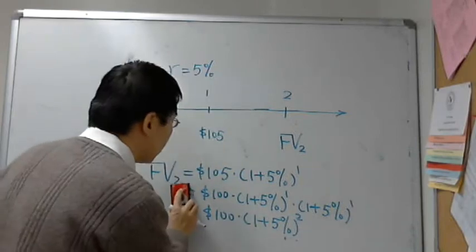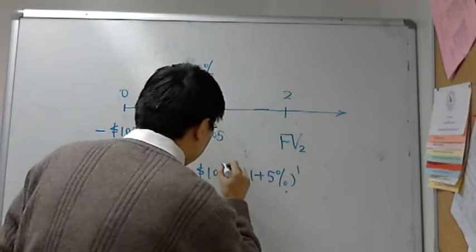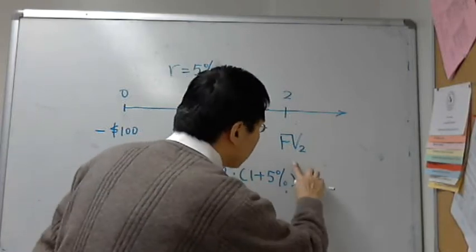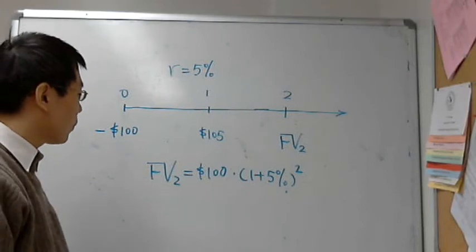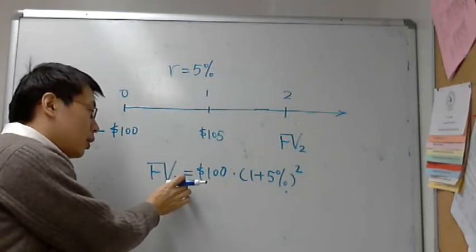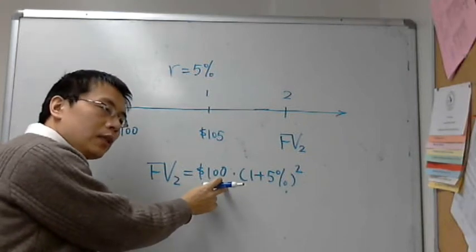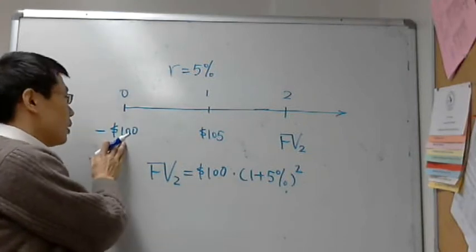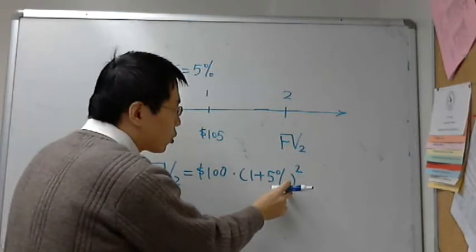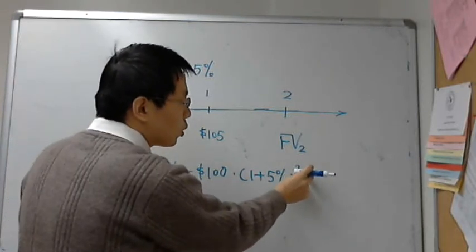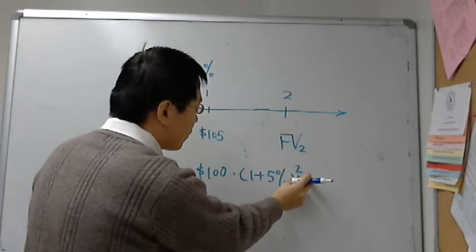So let me just summarize here. That's what we got. So the future value by the end of the second period is the beginning deposit now times 1 plus the per period interest rate raised to the power of 2. So that's the number of investment periods.